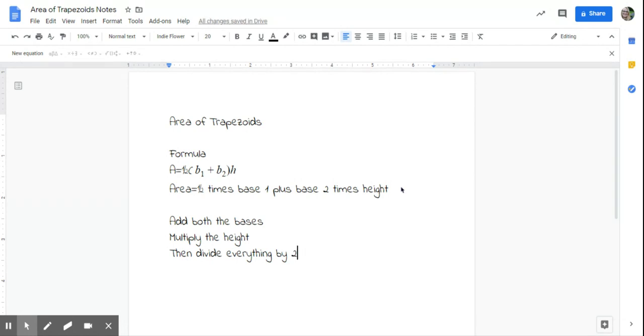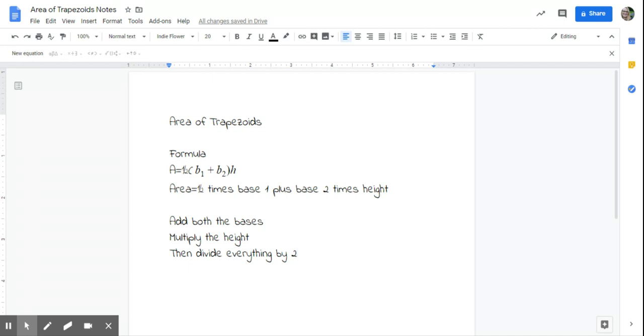Add both the bases, multiply the height, then divide everything by 2.